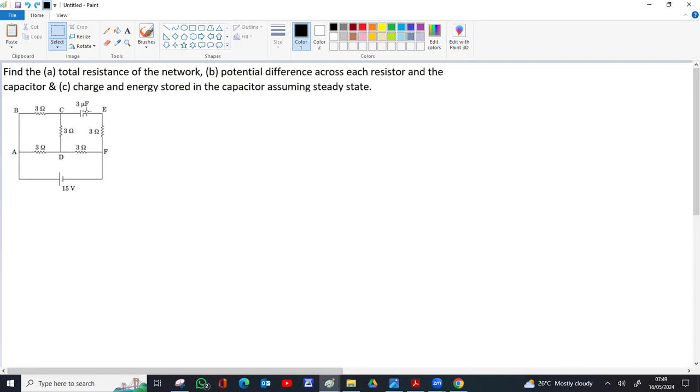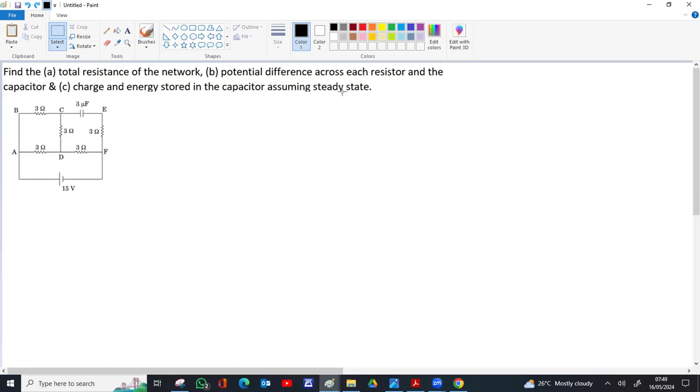Since no current passes through the capacitor in the fully charged steady state, you can neglect the branch of the capacitor. If the capacitor doesn't have any current, automatically this branch CEF, which is 3 ohm in series with the capacitor, doesn't have any current either.